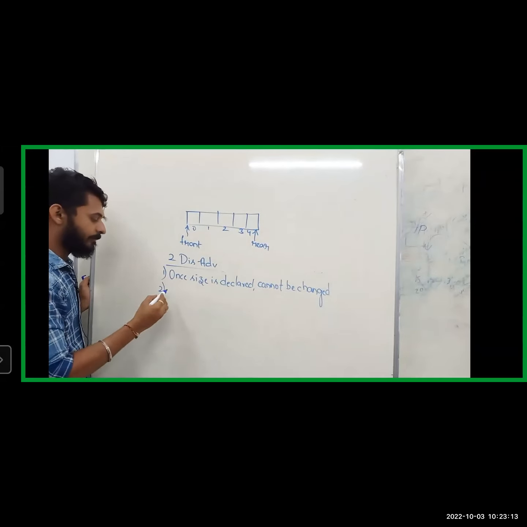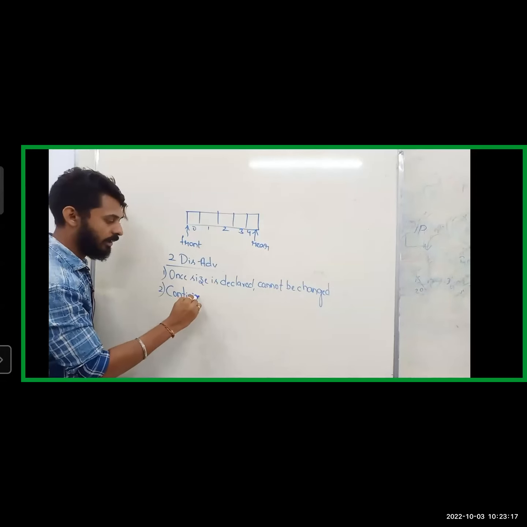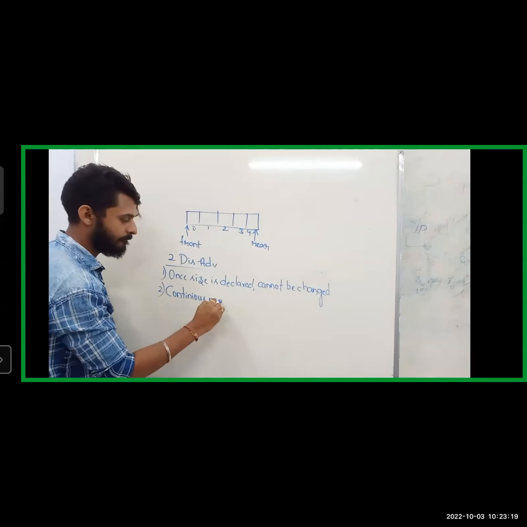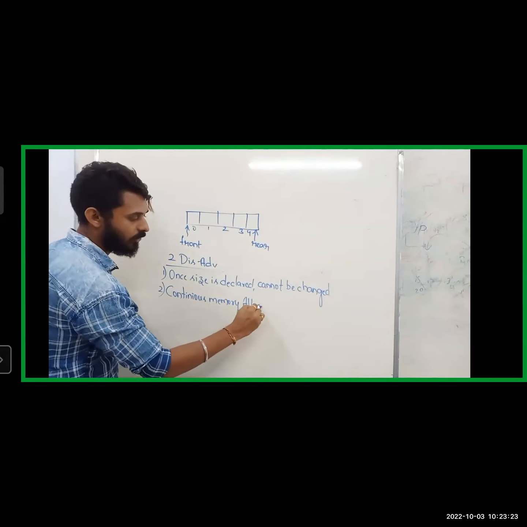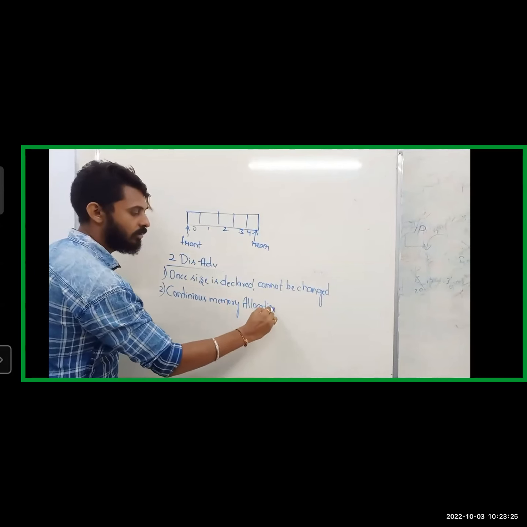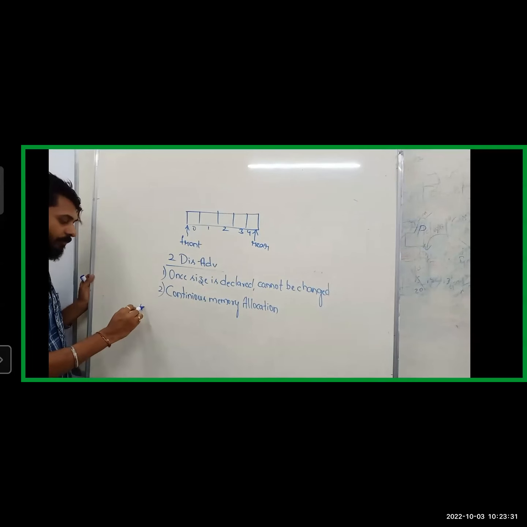The second major disadvantage is continuous memory allocation. This we can also overcome by using a linked list. How? Assume that there is a memory location called 4000, and here I will create one node.